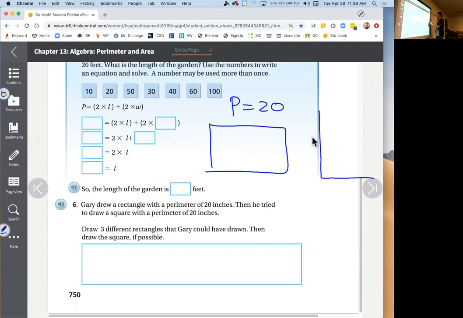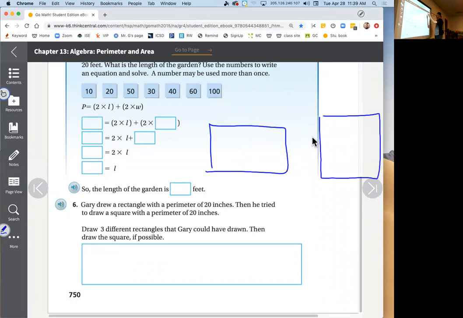So now we have a square, and it has a perimeter of 20 as well. Draw 3 different rectangles that Gary could have drawn. Then draw the square if possible. We've got to draw this rectangle 3 different ways. Which one do you want to start with?